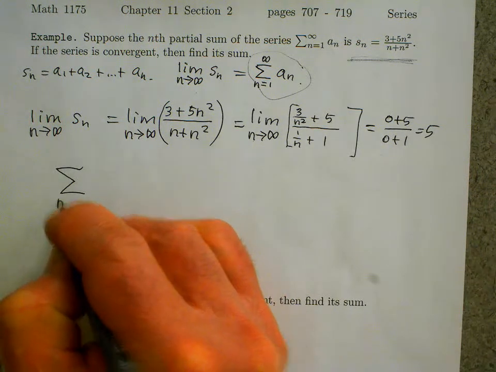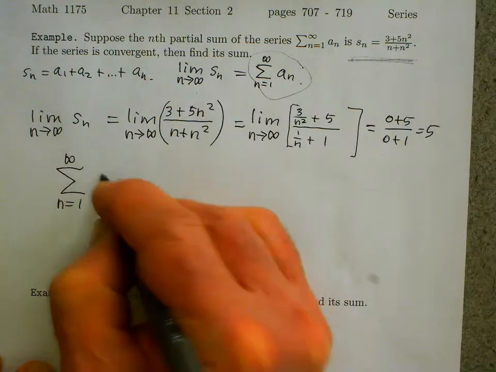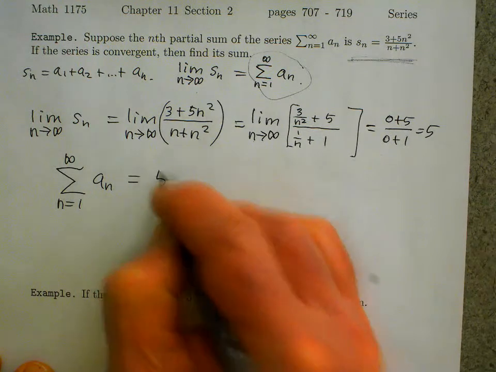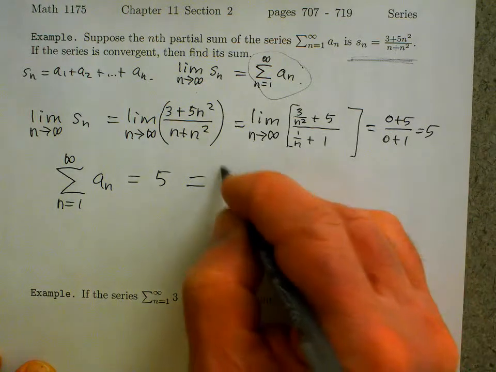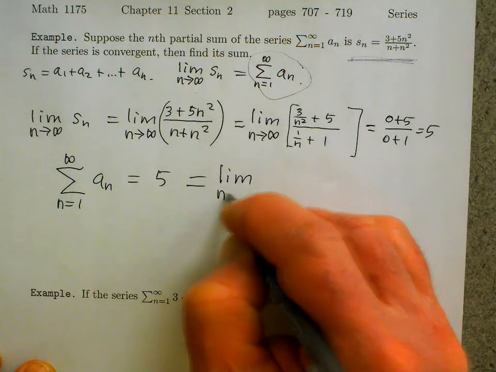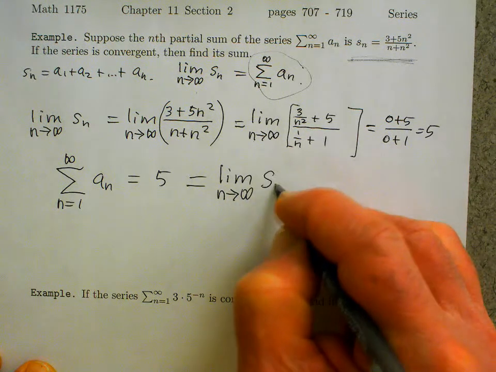So we can write that the series is equal to 5. It's the same value as the limit of the sequence of partial sums.